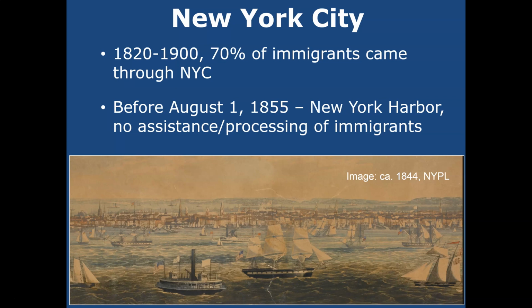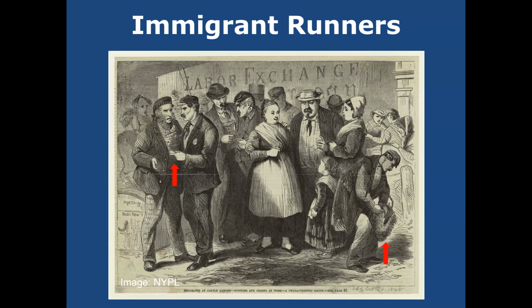From 1820 through 1900, about 70% of immigrants came through New York City. Before August 1st, 1855, immigrants came into New York Harbor, and there was no assistance or processing of immigrants. Unfortunately, there were people who liked to take advantage of immigrants. These people were called immigrant runners. So in the picture that I'm showing you from the New York Public Library, you can see where I pointed some arrows there.